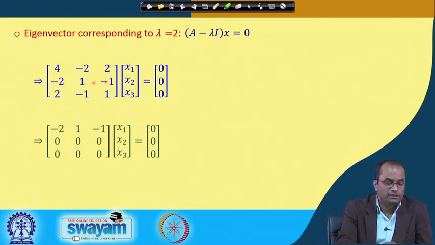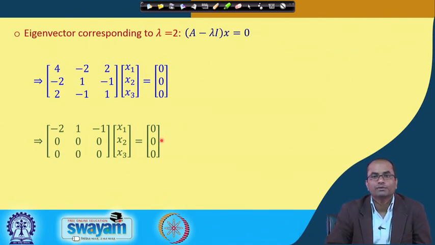Indeed these two rows are the same, so we can set one of them equal to 0 immediately. The first row is again minus half of this, so when we add it to row number 2, this will become 0, and similarly for row number 3, if we subtract half of row number 1, this will also become 0.